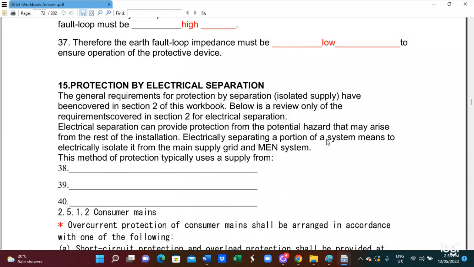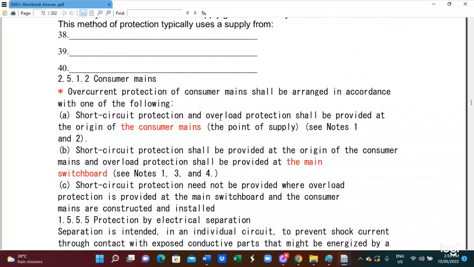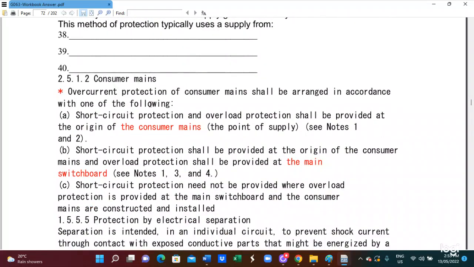Now this is protection by electrical separation. The general requirements for protection by separation, the isolated supply, are covered in section 2 of the code. So in section 2, you can learn about protection by electrical separation. Also, we're talking about the consumer main, mentioned in clause 2.5 and 1.2.